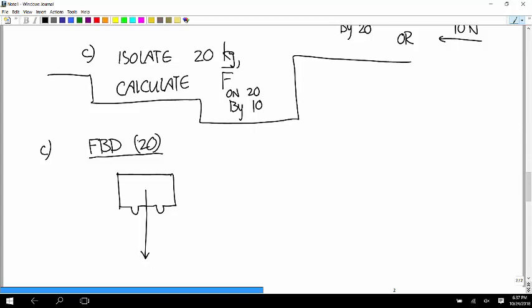So 20 times 9.81 is 196.2. And now go around the boundary of the object and look for contact with the surroundings. At the wheels, there's contact. And even though that's 2 or 4 wheels, if you think three-dimensionally, I'm going to lump that all into one force that I'm going to call N20. N is for the normal force.